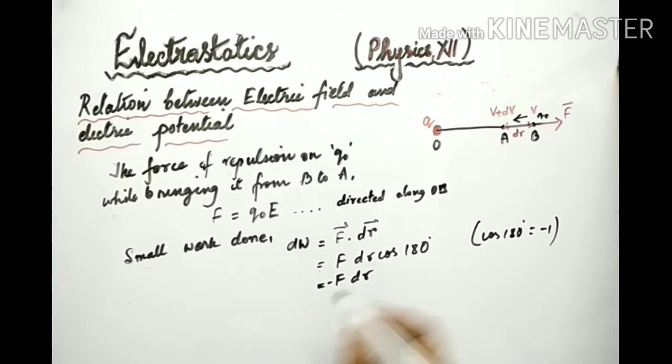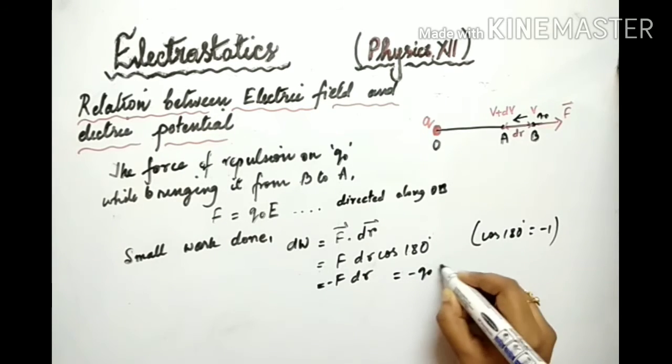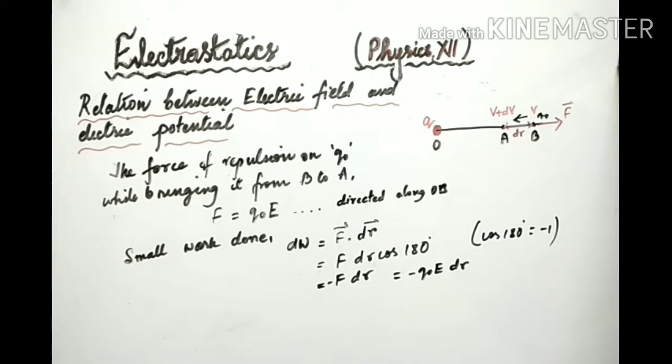So now let us write it in this manner, dW equals minus q naught E dr. So we have written the value of F from here.